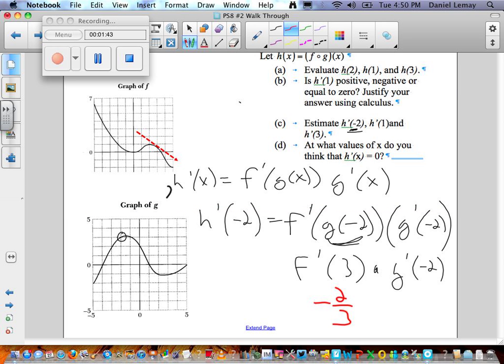Now we're going to do that same thing down at g of -2. So I'm going to grab that line, slide it down here, try to fit that tangent line to it. That looks pretty good. Maybe I can tweak that a little bit. We're going to see a slope of 1/2 maybe.